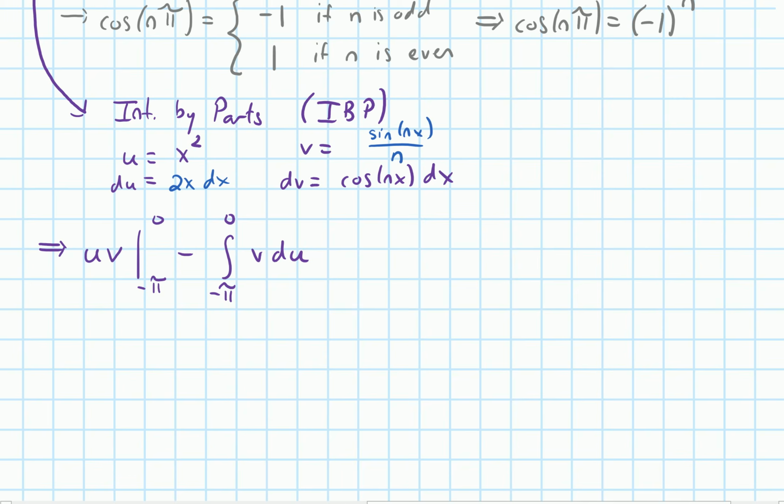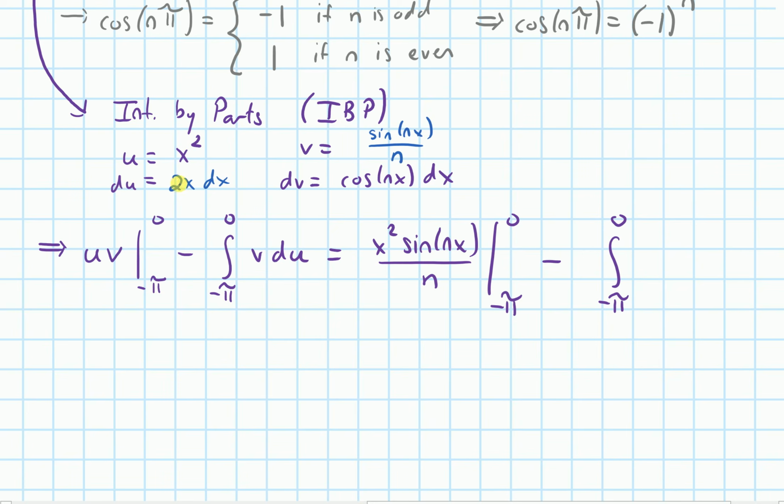Now let's plug in. uv will give us x squared sine nx over n, evaluated at negative pi and 0, and then we have minus the integral from negative pi to 0 of v du.